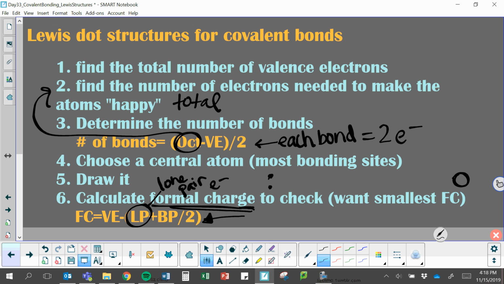And then we have BP, which stands for bonding pairs of electrons. This is the electrons in that bond. So we have 2 electrons for every bond, and then we divide that by 2 because each bond itself is being shared between the 2 atoms.